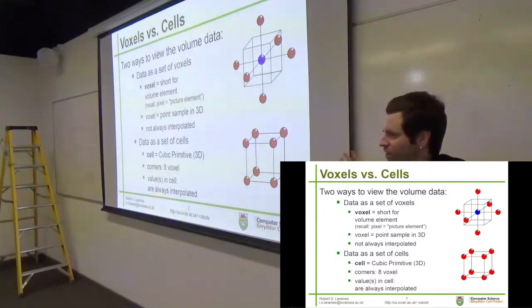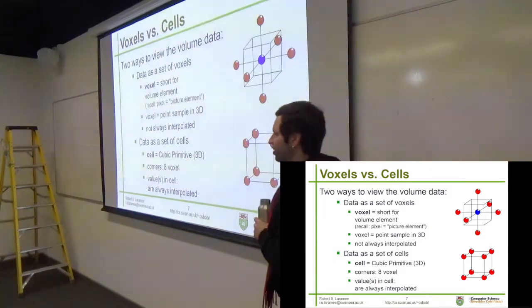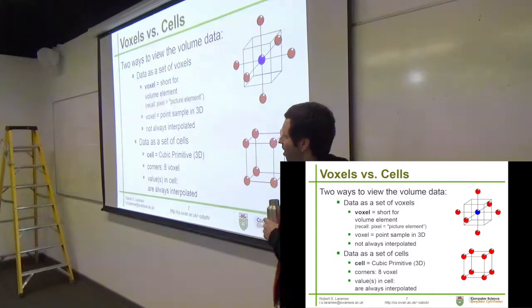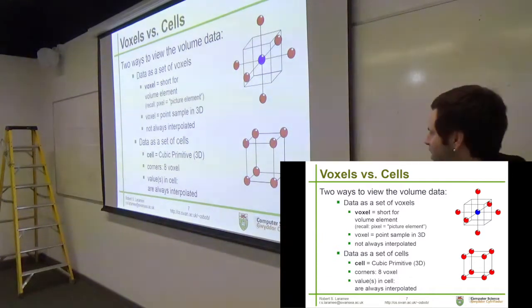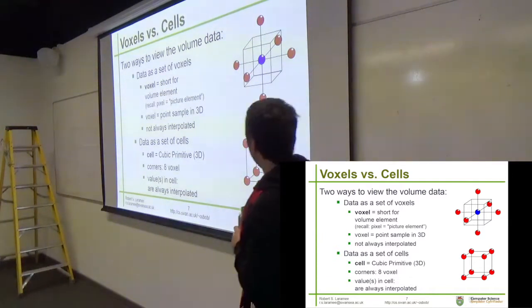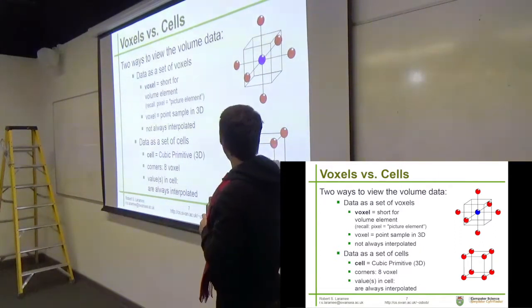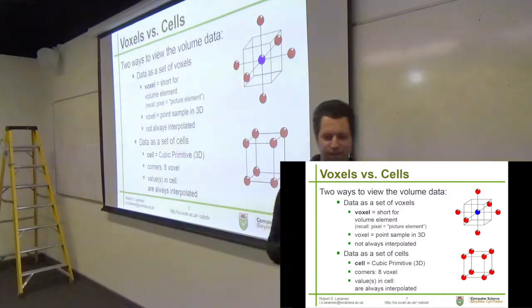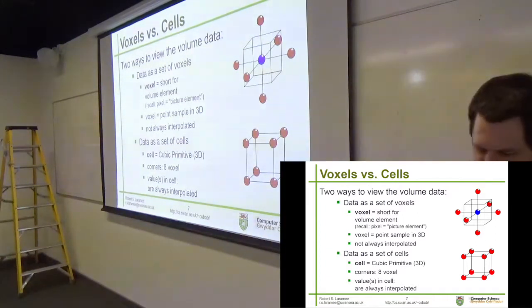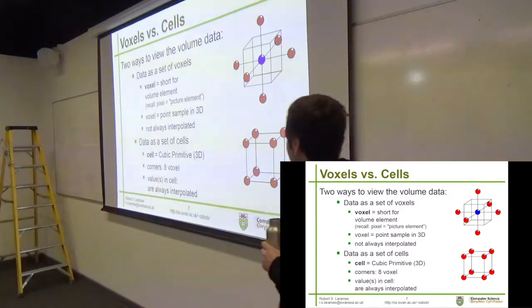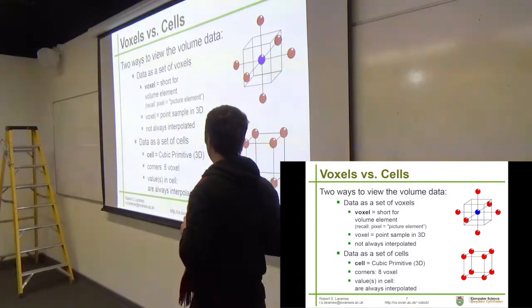So they're basically the same, it's just that the grid has been shifted half a unit in three directions, X, Y, and Z. And here we're always interpolating the data along the edges and inside the cells to obtain values for our algorithms.